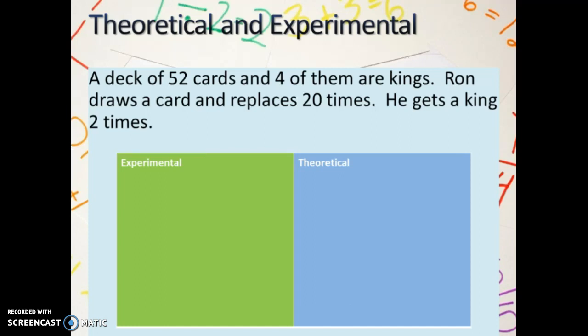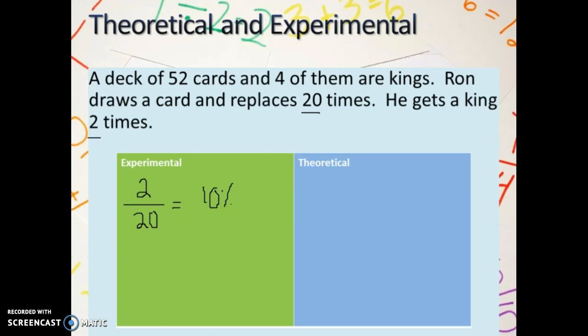Well, if we have our experimental probability, he draws 20 times, and 2 of those times he gets a king. So it's 2 over 20, which is equal to 10%.